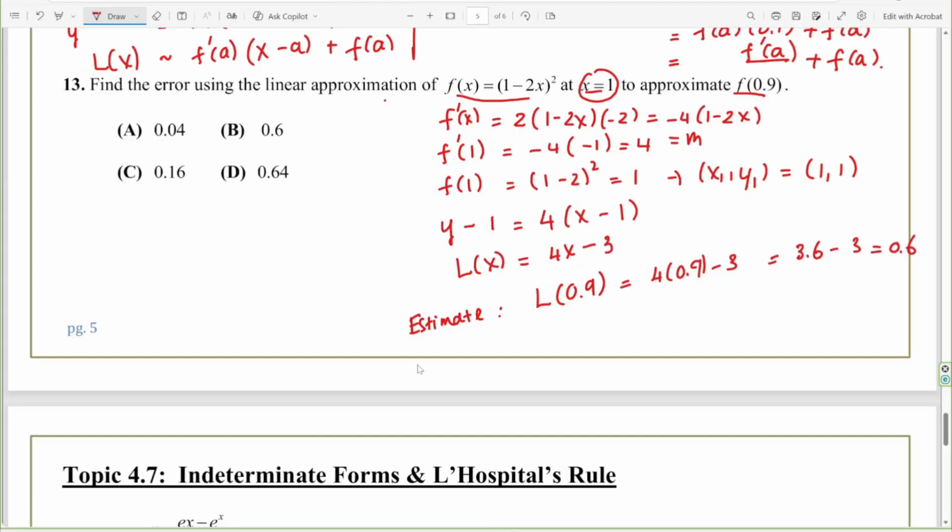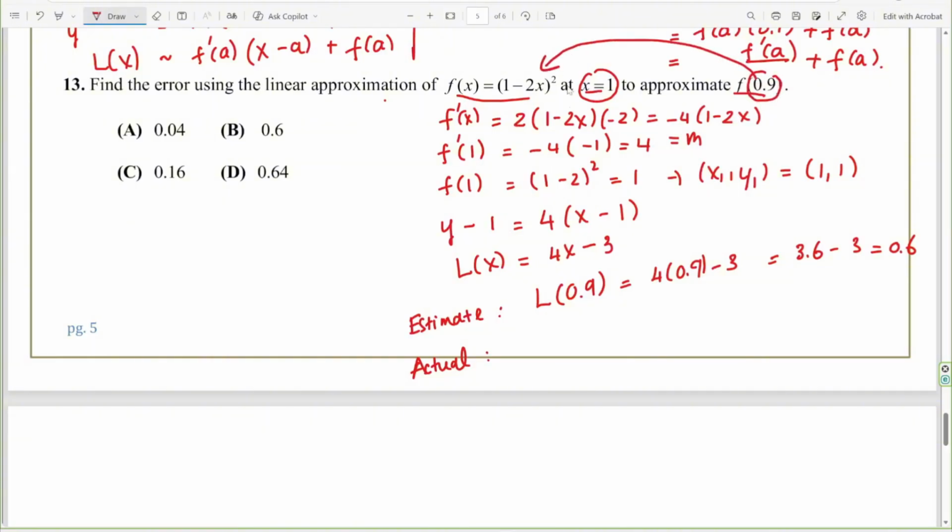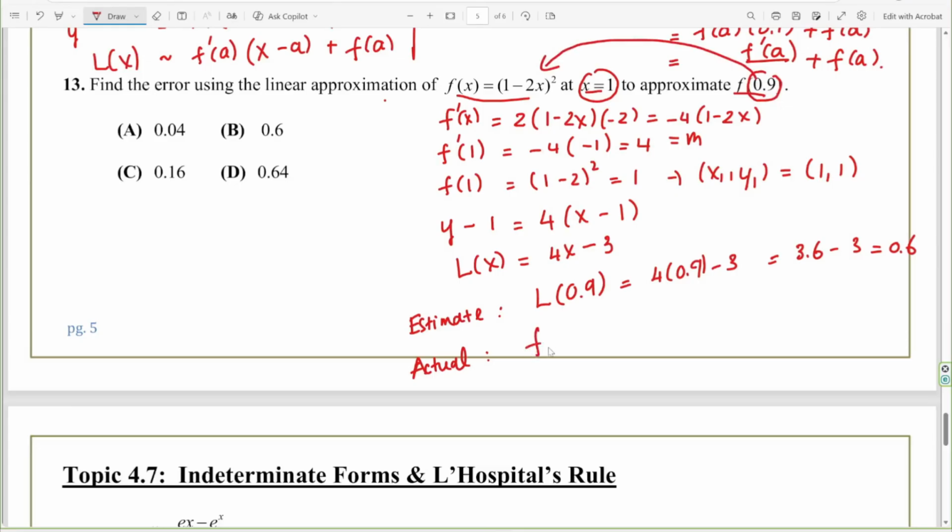Now we need to find the actual value, right? The actual value is, we substitute 0.9 into this equation here, right? So we have f of 0.9 equals 1 minus 2 times 0.9, all squared, right?